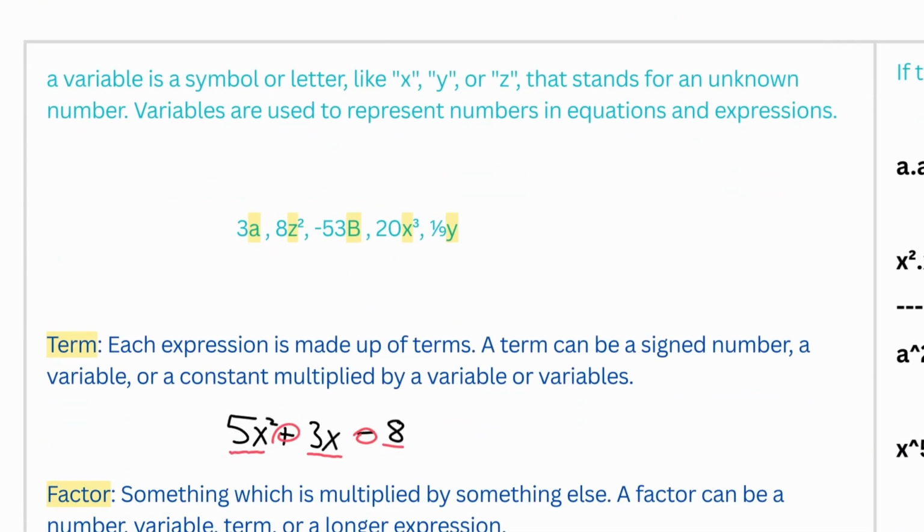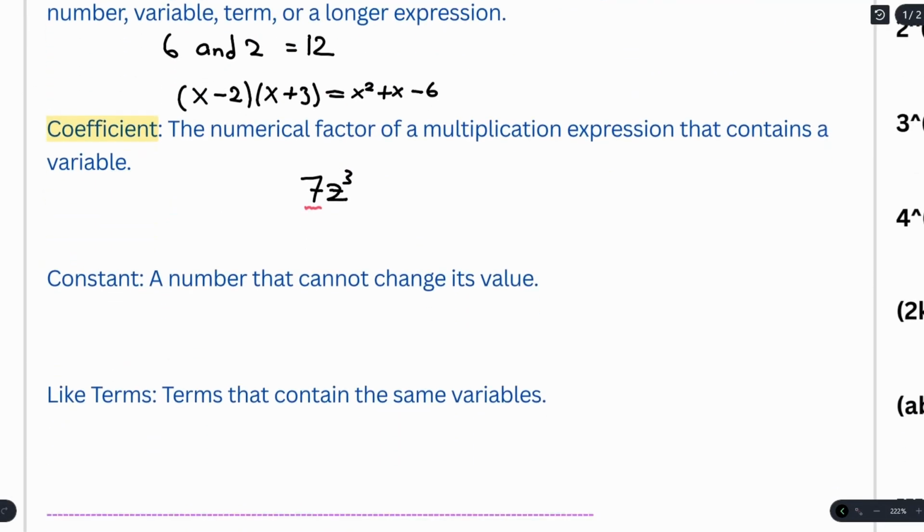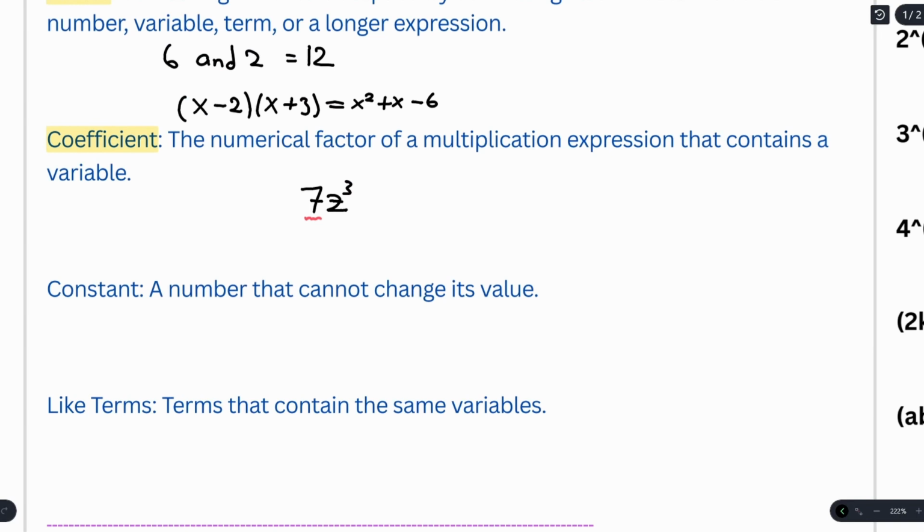In these terms, 3 is the coefficient, in 8z cubed, 8 is the coefficient, in negative 53b, negative 53 is the coefficient, 20 is the coefficient, and 1 over 9 in this term is the coefficient. So it's whatever you're multiplying the variable with, basically.